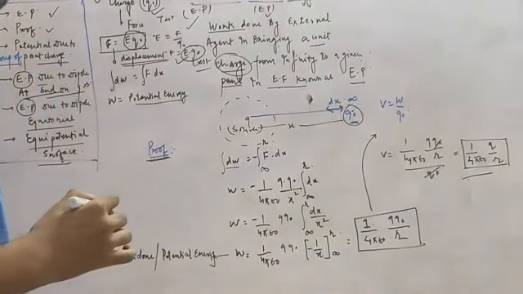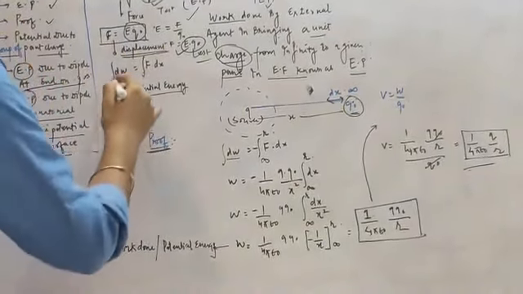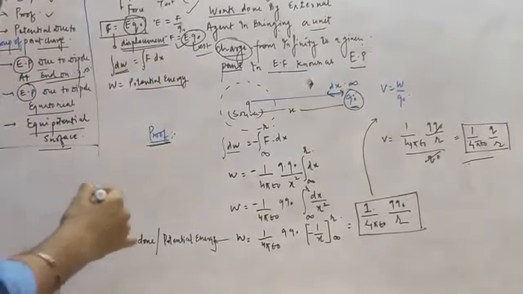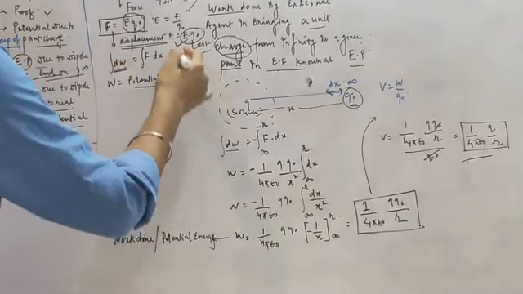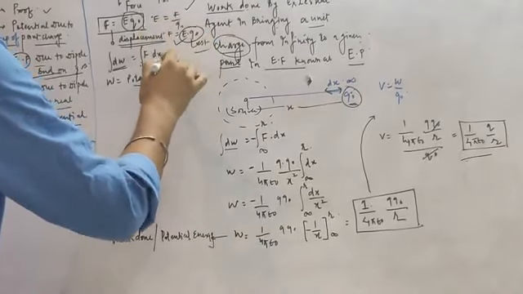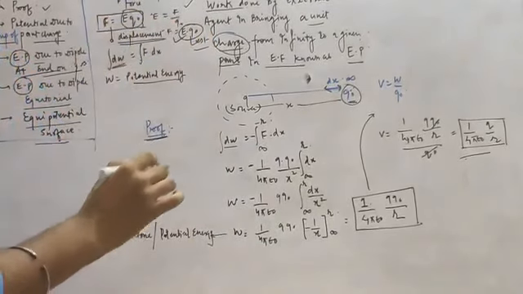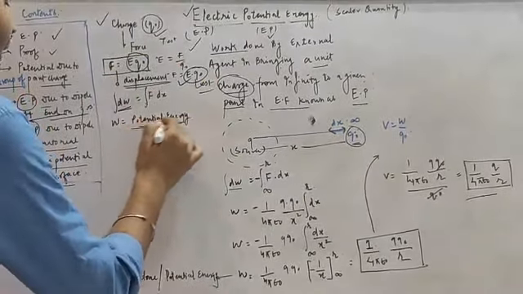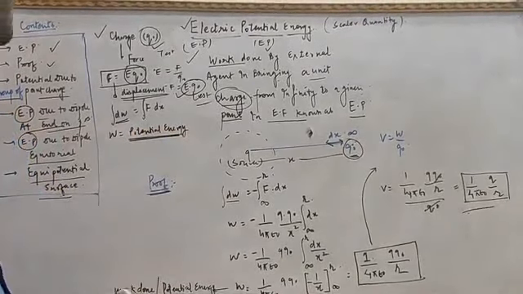It shows some displacement, and under this displacement the work is done, and the work done upon the test charge under the influence of the electric field is known as potential energy.